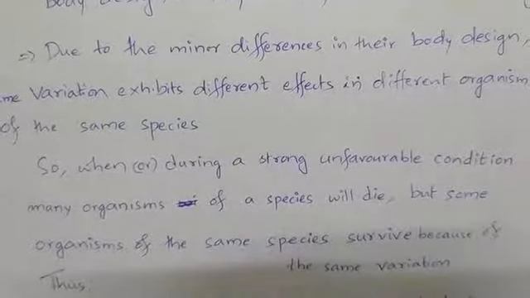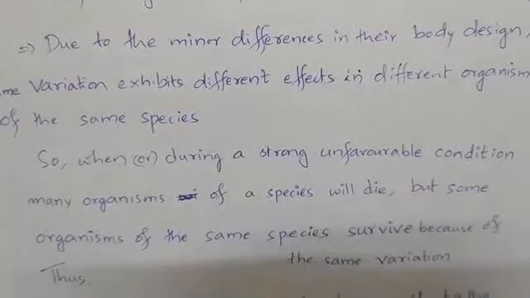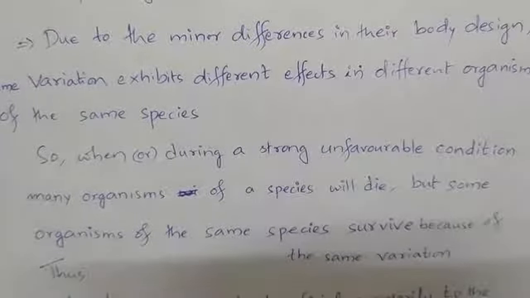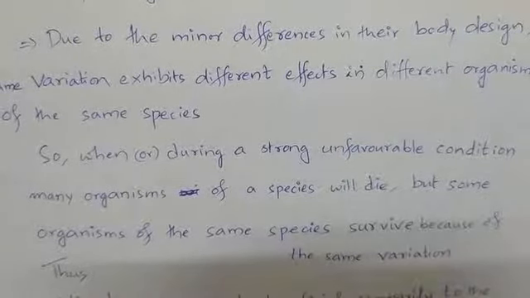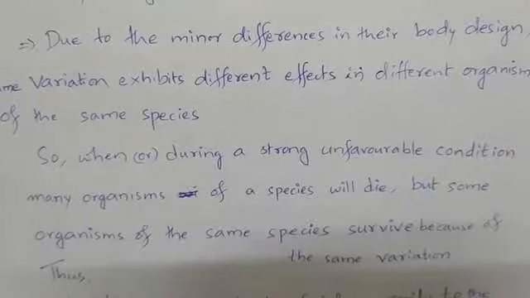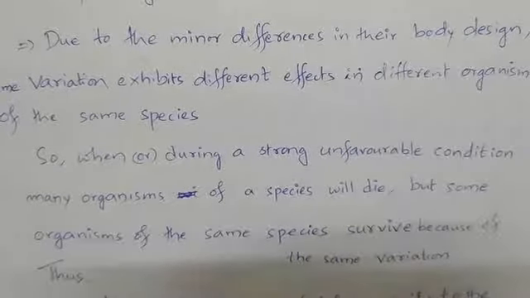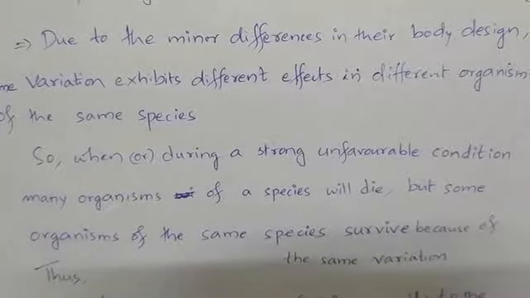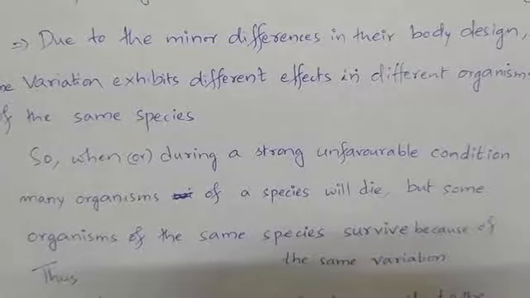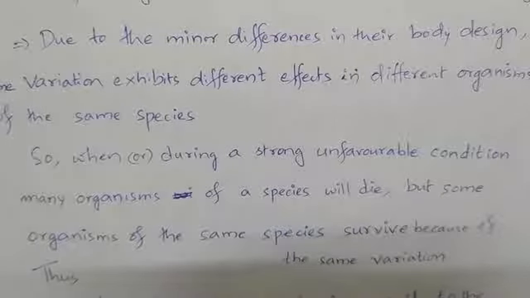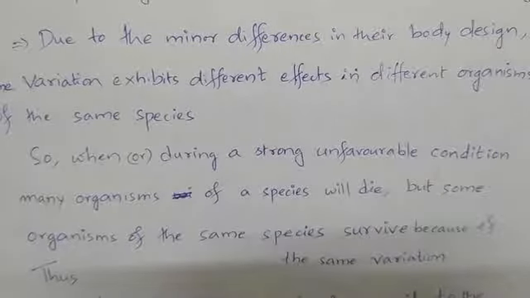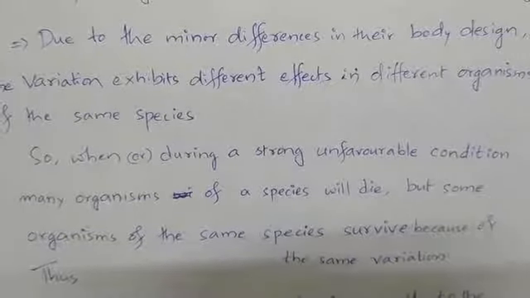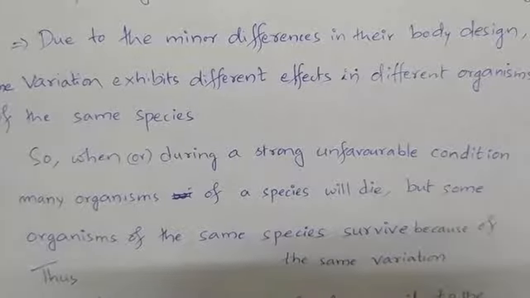Means the variations present in the organisms exhibit different effects in different organisms because of the minor differences in their body design. In some organisms, they exhibit very favorable or beneficial effects. In some organisms, they may not exhibit the same favorable effects.